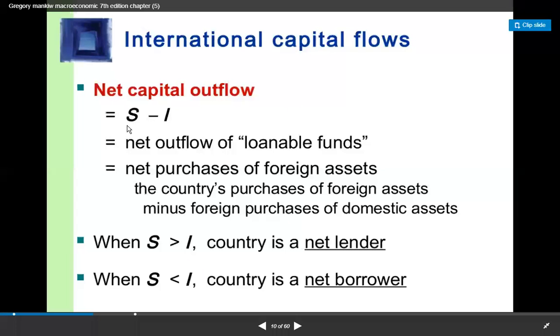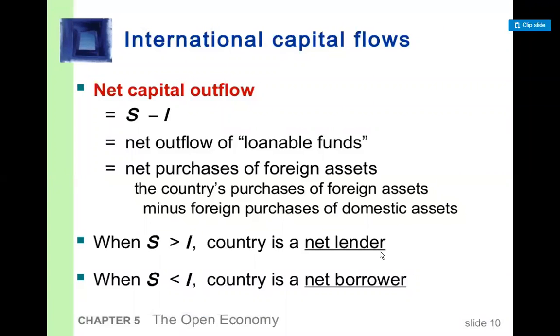When supply of loanable funds is greater than demand for loanable funds, then the country is a net lender. Then lending ज़्यादा कर रहा है, borrowing कम कर रहा है.